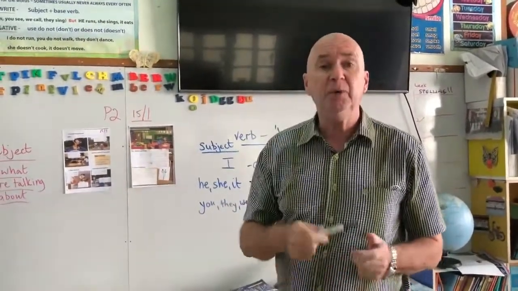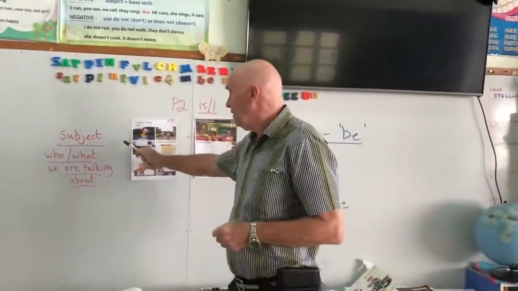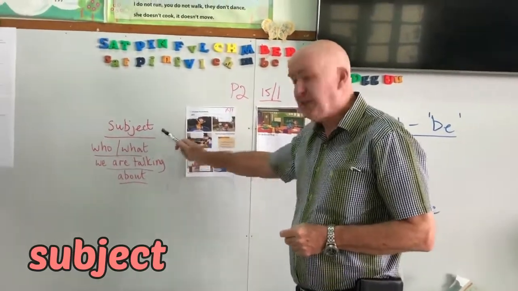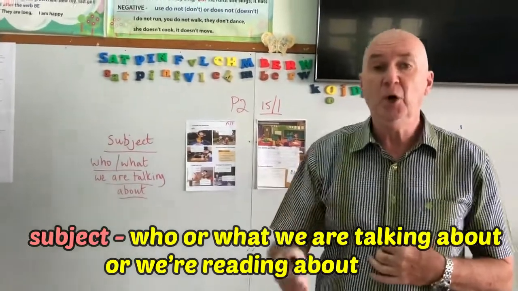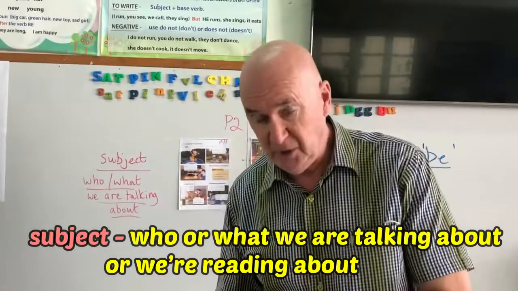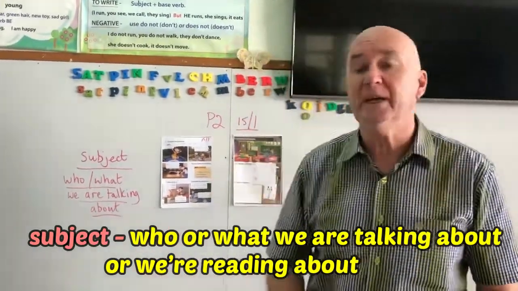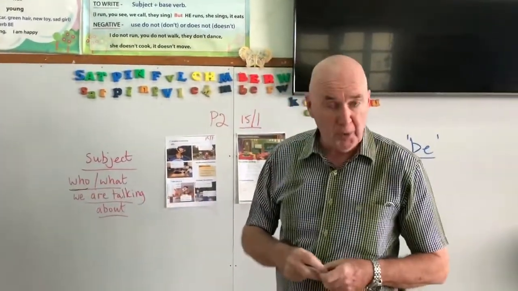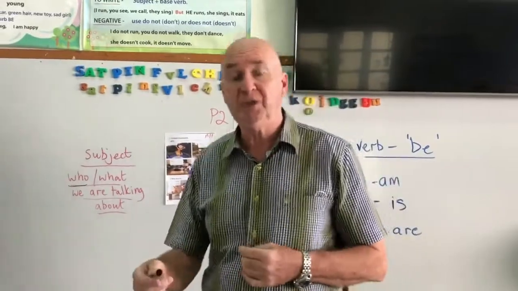So, first thing we're going to look at is what's called the subject, okay? And the subject is who or what we're talking about or we're reading about. Most of the time, the subject will be a person, will be who. So the subject is who or what we're talking about.